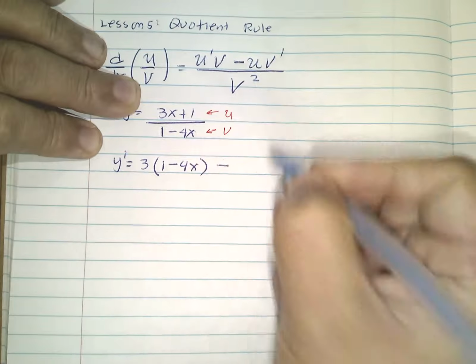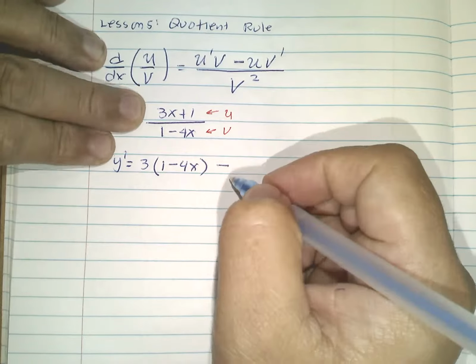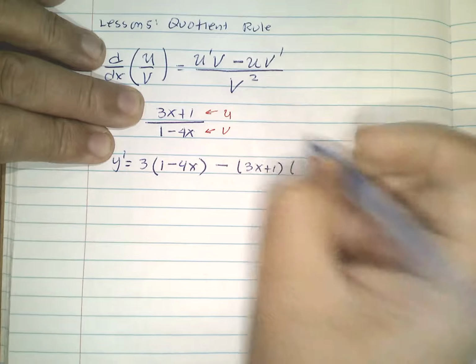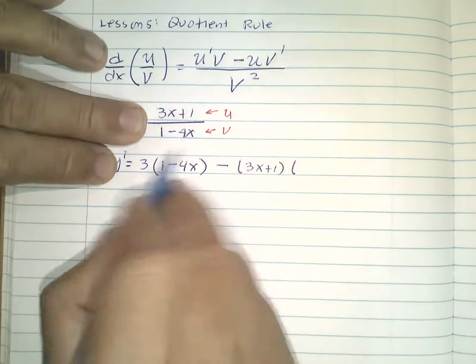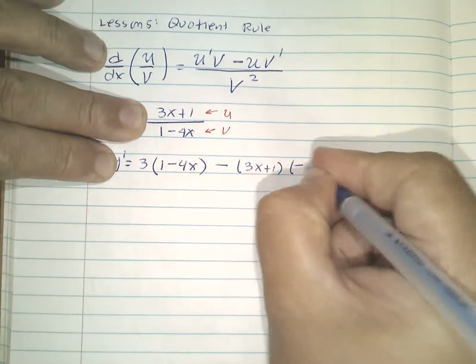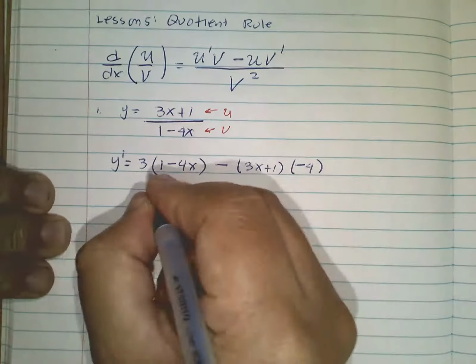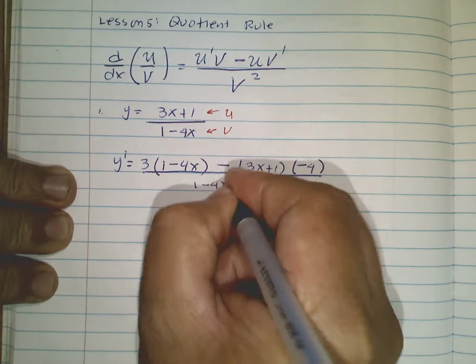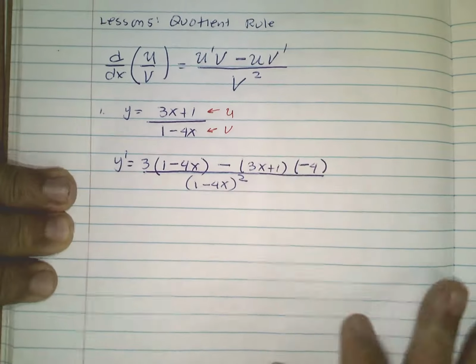Then minus u, which is 3x plus 1, times v prime. What's the derivative of v? The derivative of 1 minus 4x is negative 4, all over v squared, so 1 minus 4x raised to 2.